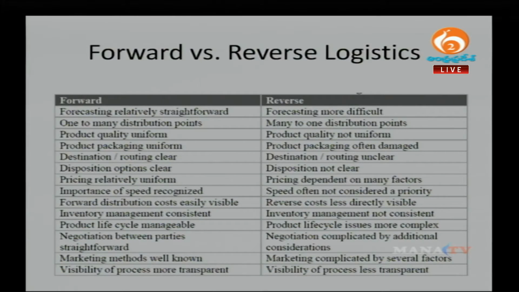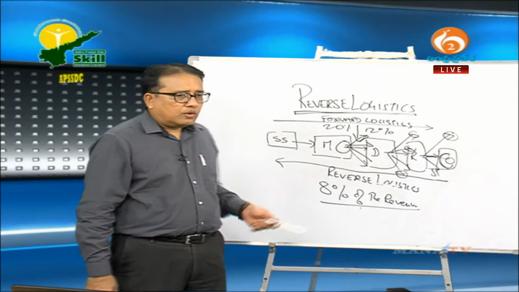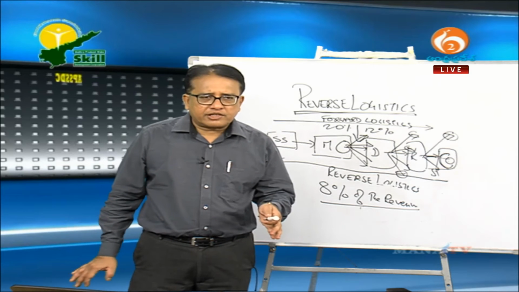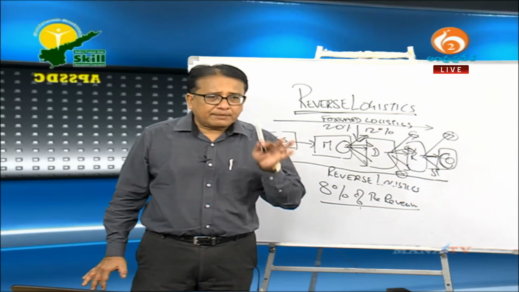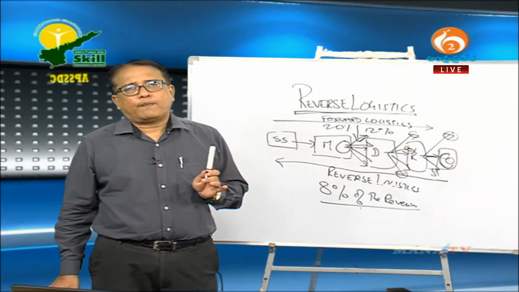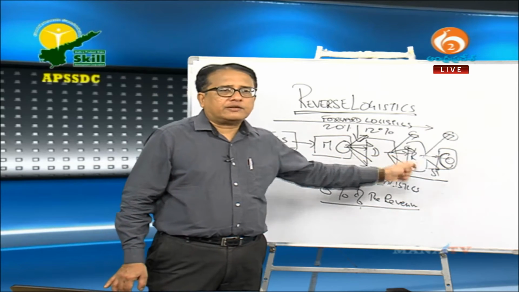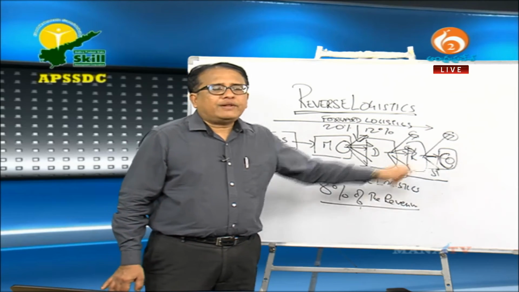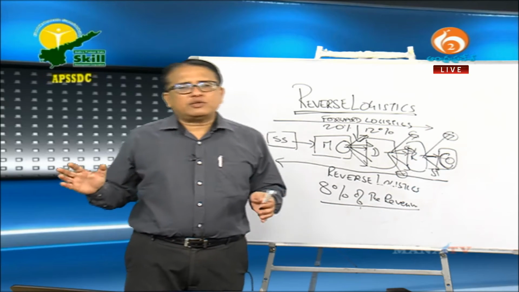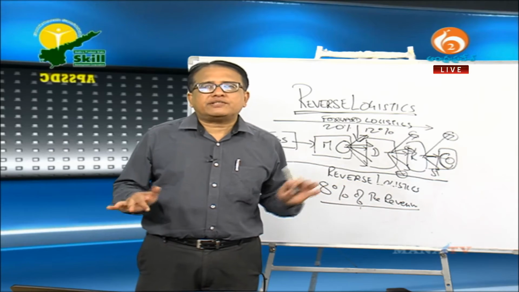Read the next two. Product packaging, destination routing. When I say packaging, very important. We gave an example of 100 television sets. They are packed uniformly, they are labeled uniformly when they move from manufacturer to the distributor to the retailer to the customer. But when they are sent back, suppose, hypothetically, out of 100 shipments, 10 shipments are sent back.